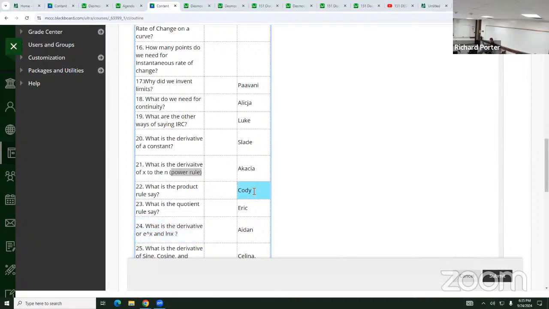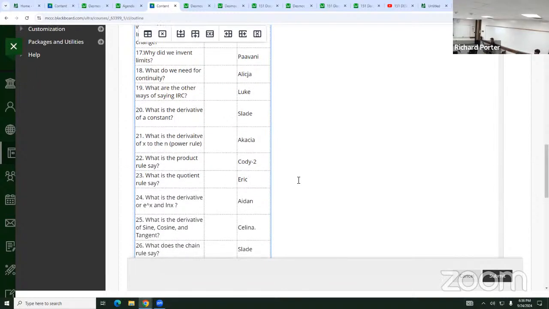Eric, what does the quotient rule say? Quotient rule? Eric? Did Eric leave? Oh, you're there. What's a quotient rule?